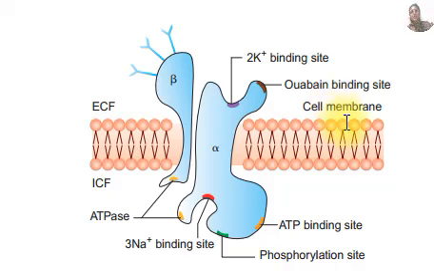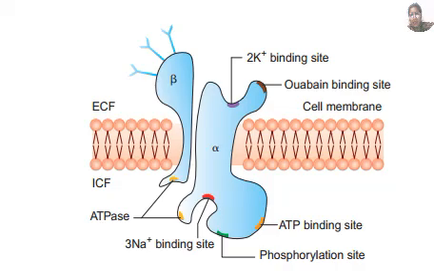So the function of sodium potassium pump involves use of the enzyme ATPase. You can see in this diagram the ATPase enzyme, and this enzyme is activated when 3 sodium ions and 1 ATP molecule bind to their respective binding sites.